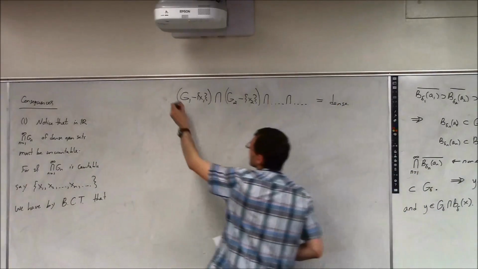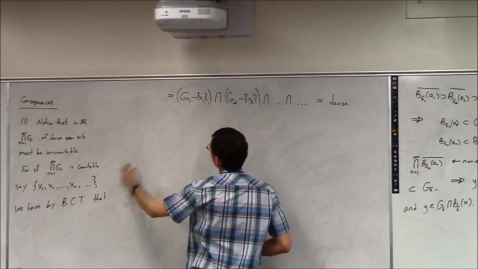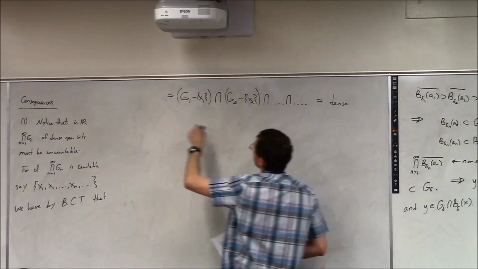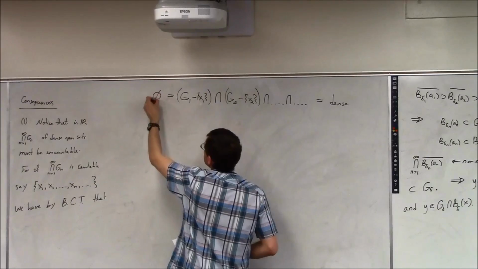But this set, I omit from it x1, I omit from it x2, I omit from it xn. This set is empty.